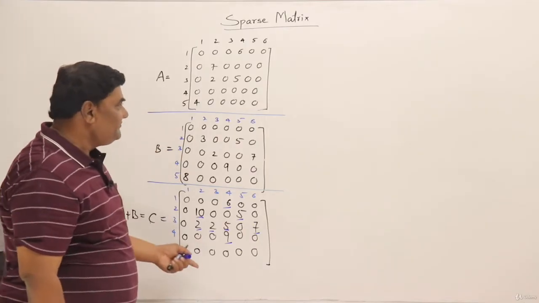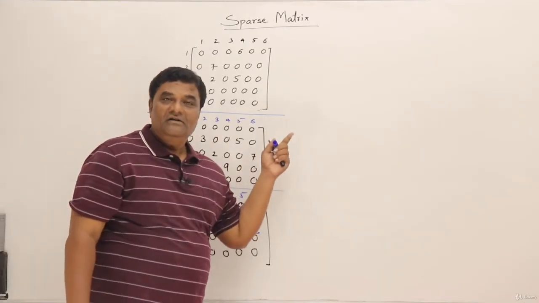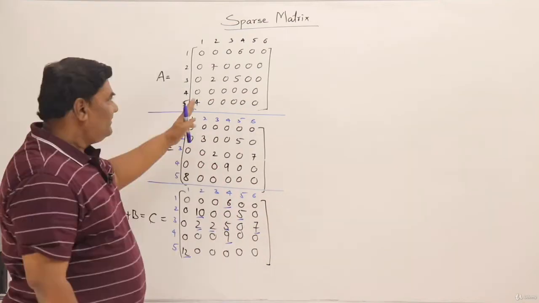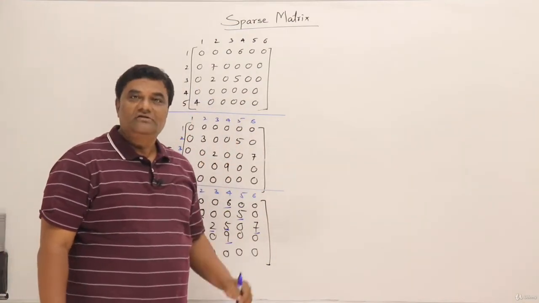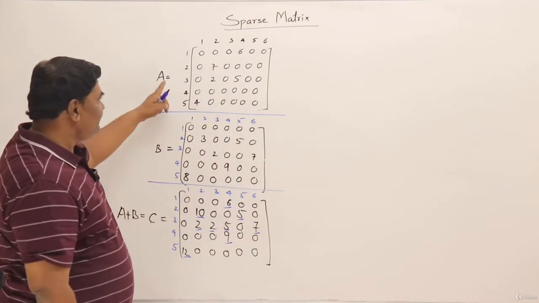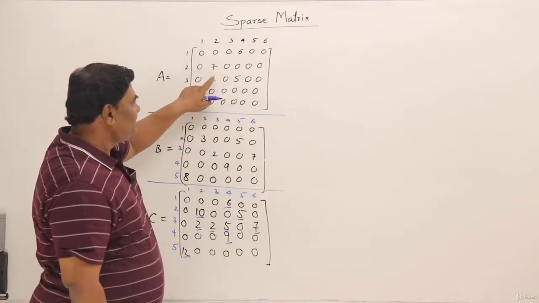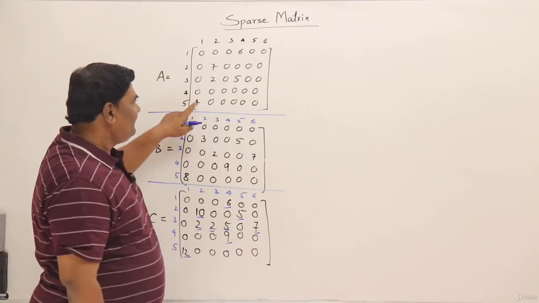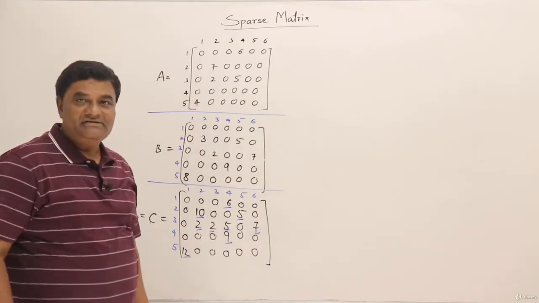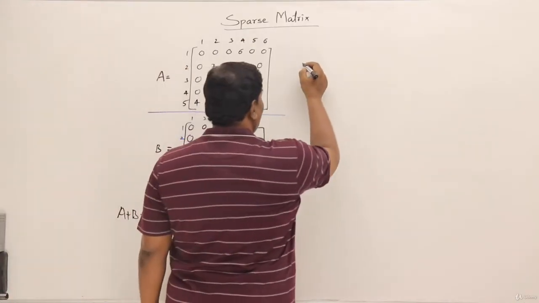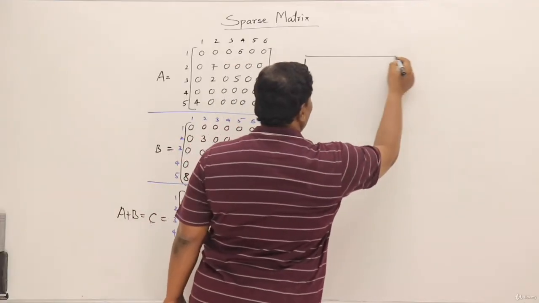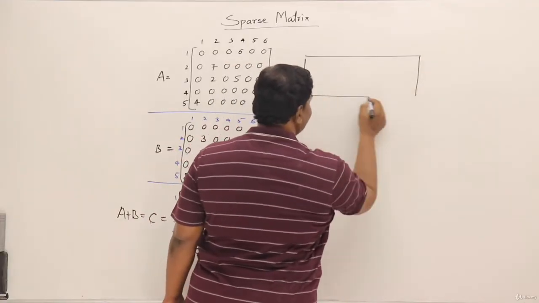Now let us do the same thing using coordinate representation. So in this sparse matrix, let us count the number of non-zero elements. 1, 2, 3, 4, 5. 5 non-zero elements are there. So I will take a horizontal table of size 6.